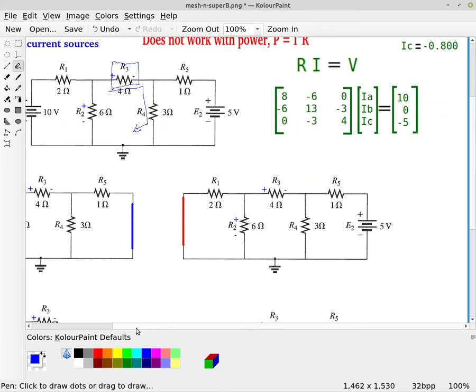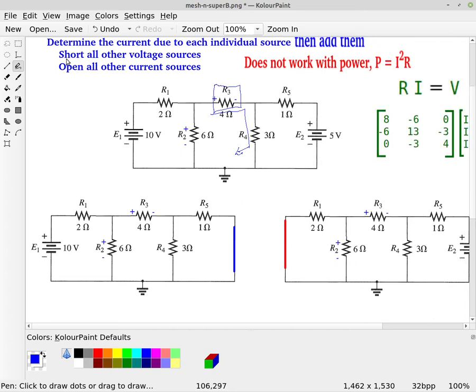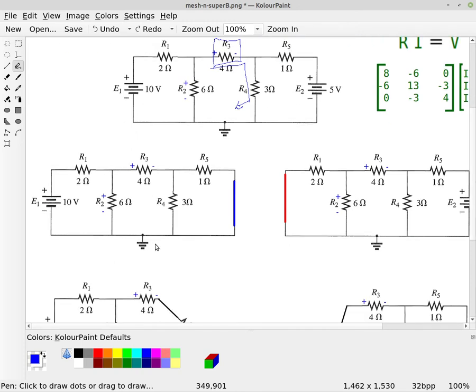Okay. So now let's take a look at the superposition theorem then. So what we're going to do here is we've got this circuit on the right, and again what we do is we're going to short all voltage sources, and if we had any current sources we would open those other than the one. So we're going to start with the voltage source on the left, and the idea is we want to find the current through the resistor R3.